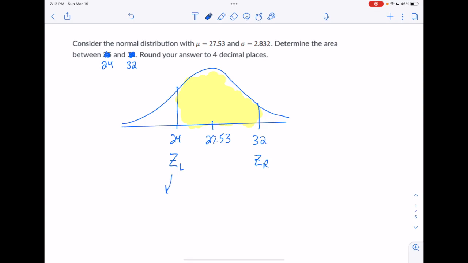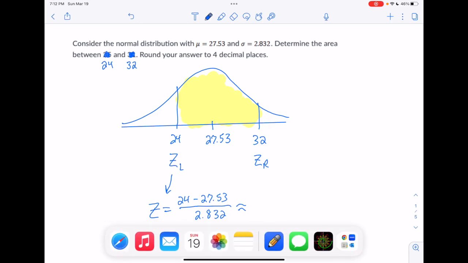So for this z-score on the left, take the boundary that we're working with there, 24, subtract the mean, 27.53, and then divide that by the standard deviation, which in this case is 2.832. So we can go to the calculator and calculate that, round that to exactly 3 decimal places.